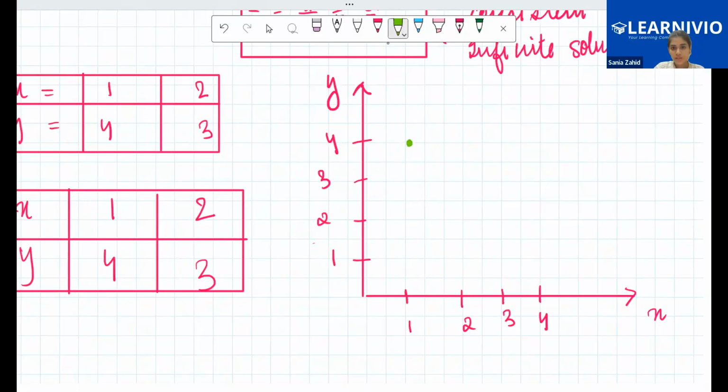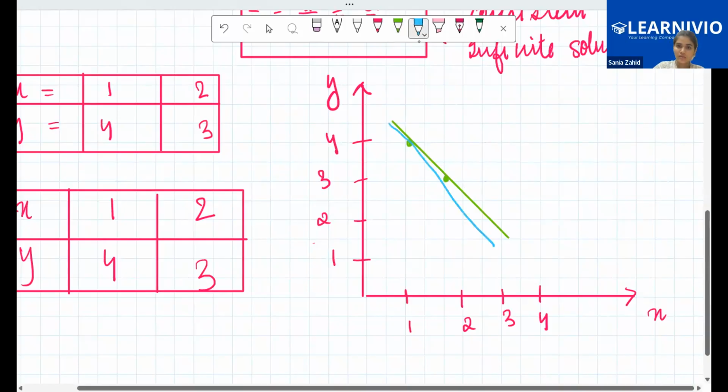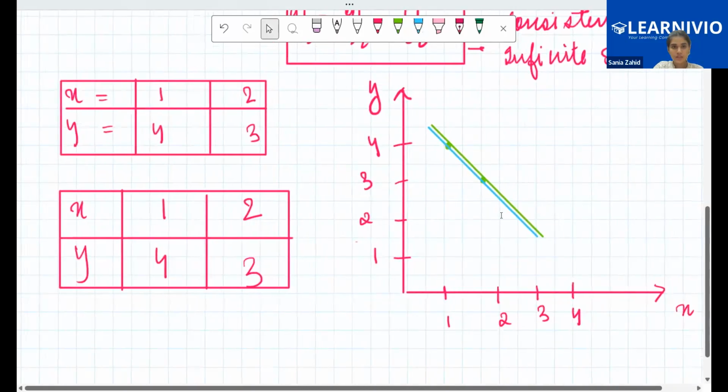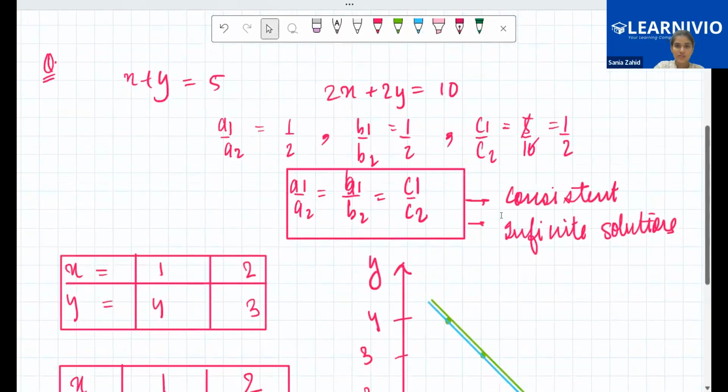This is the first point and this is the second point. So these are the lines, okay? They're coincident lines. Understood, Umair? Yes. Okay, so this is the first part of the question.